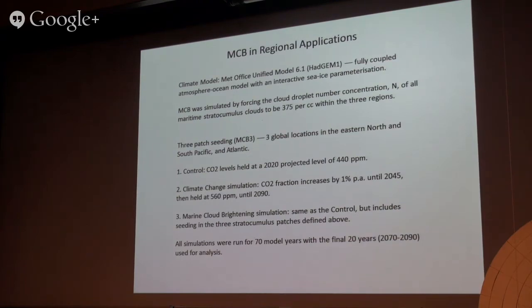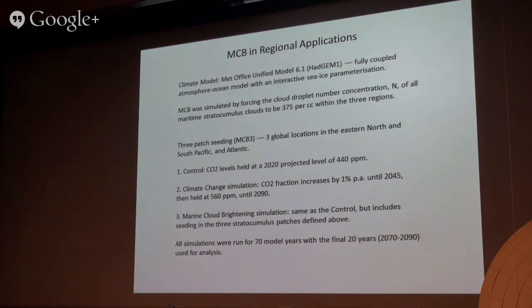The studies that I'm going to be presenting today are actually based on work with Ben Parks. He's one of our co-authors. He's using a HadGEM1 model. We're assuming a 3-patch seeding, where we're modeling seeding in 3 regions of the Earth where it's easiest to form clouds. He's using an unusual set of numbers.